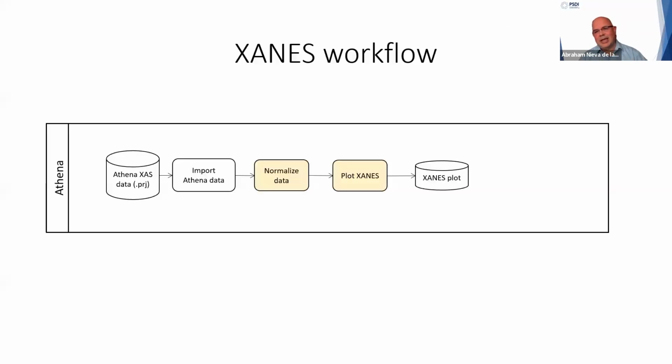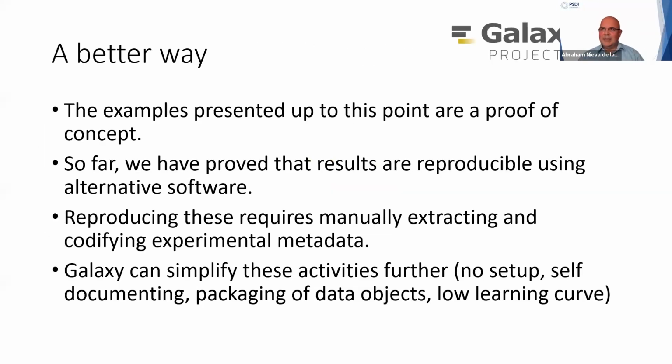So in this case, we already see the possibilities of building a good set of tools that can be scripted so that you can automate some of the processing and some of the analysis.